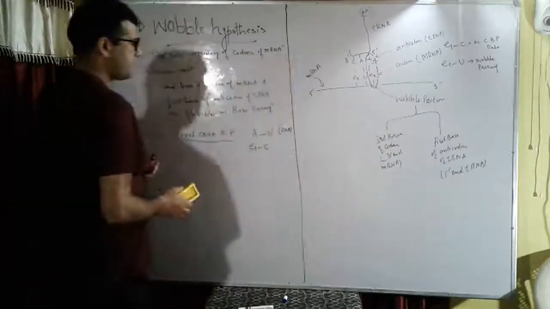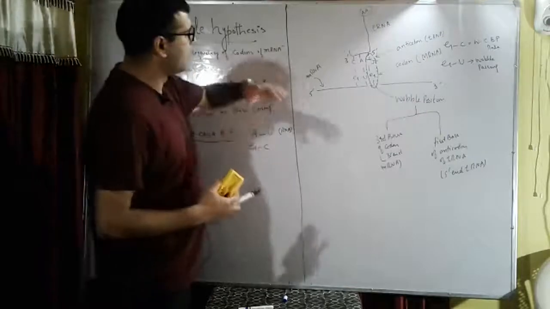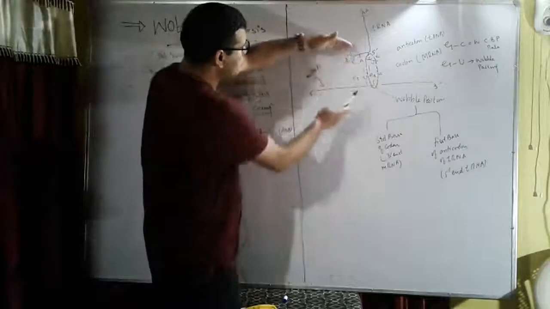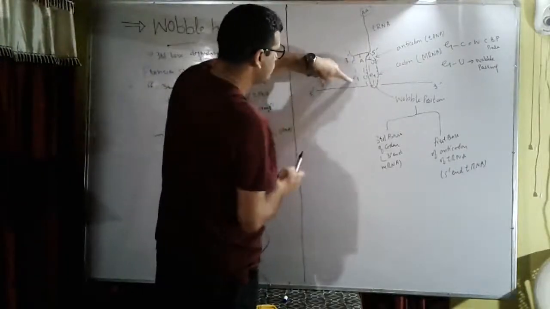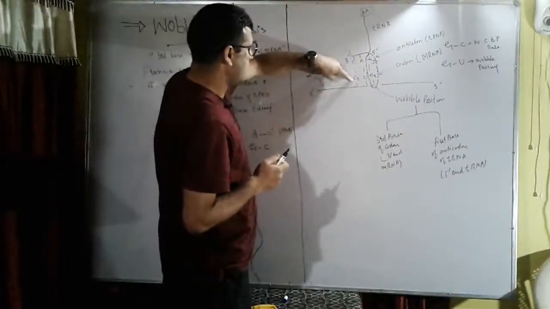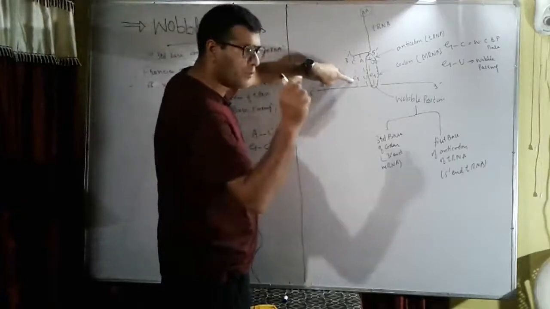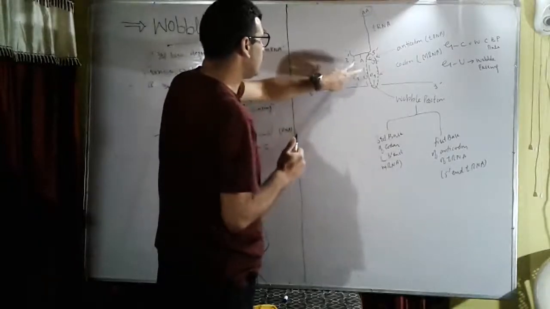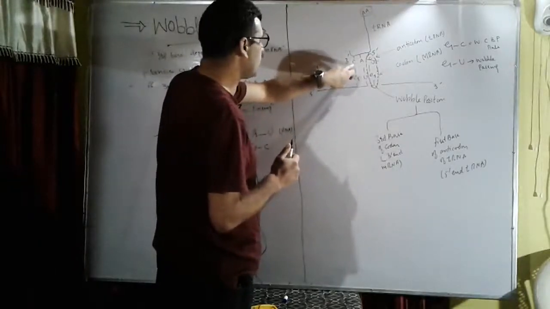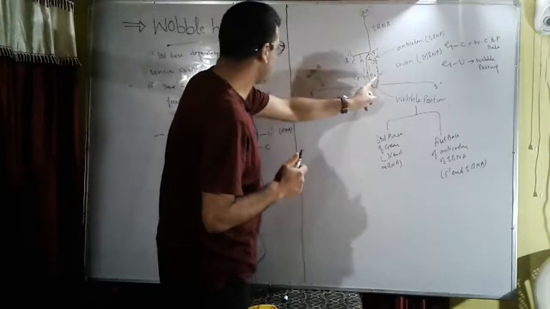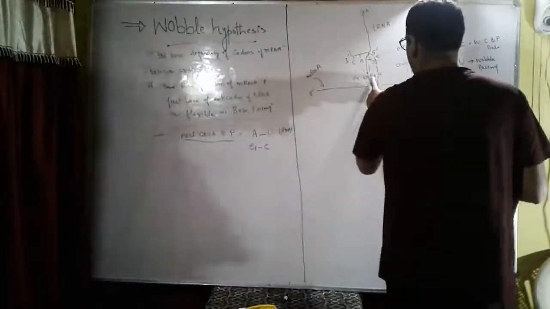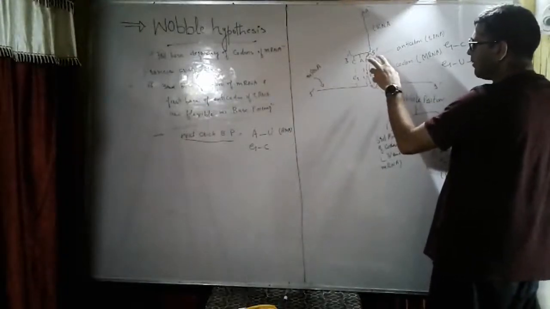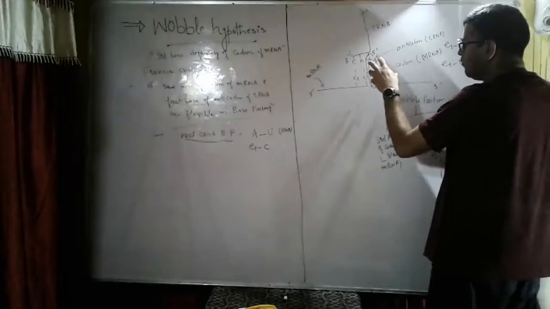Now, what is it according to the wobble hypothesis? According to the wobble hypothesis, only the first two bases of the codons of mRNA show precise, definite base pairing with the two bases of the anticodon, while the third base of the codon of mRNA and the first base of the anticodon of tRNA show wobble.